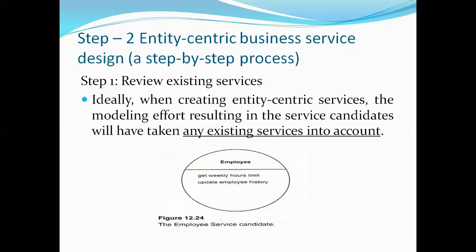The employee history table is updated only when the timesheet is rejected. So in case of rejection only, that update employee history method is executed. So review the existing services, and if the existing services are identified, available, then reuse that service in our business process.